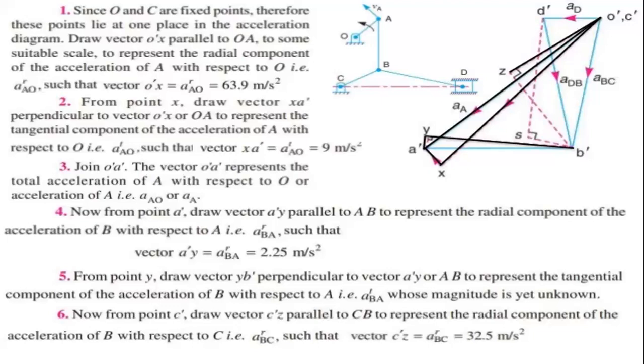By drawing the lines, we have to find the vector a dash y. By measurement, we got the value 2.25 meters per second square.